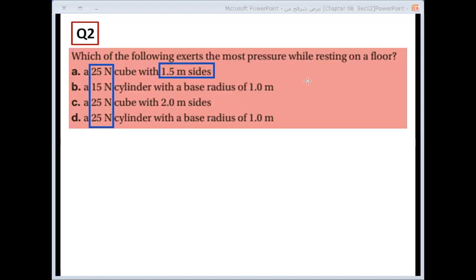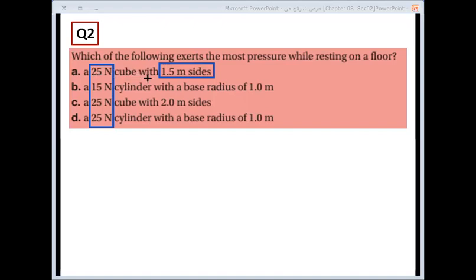We have a cube now. The cube is placed. It will be 25 newtons times 1.5 times 4. No, look, here in this case the force is 25 newtons. Okay Yahya, Karam, fine.